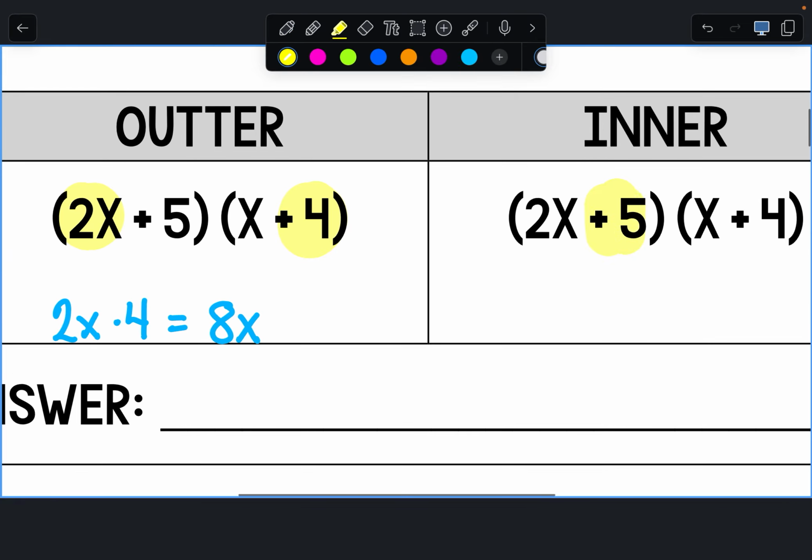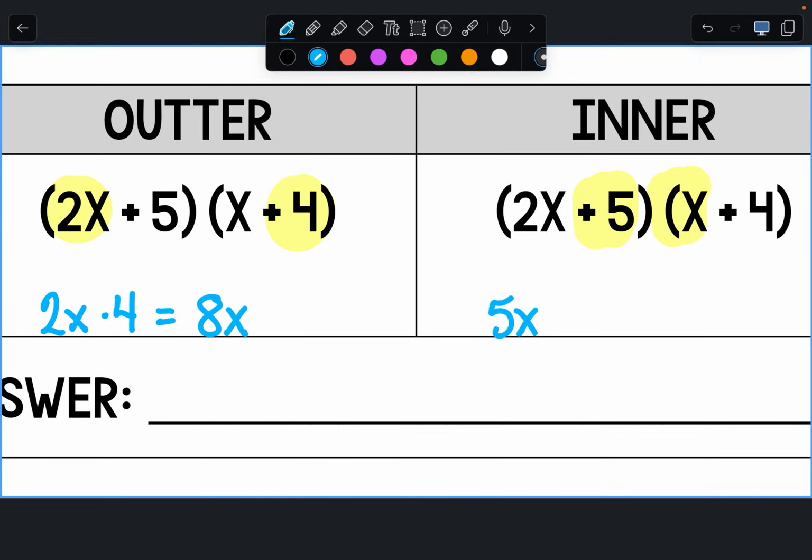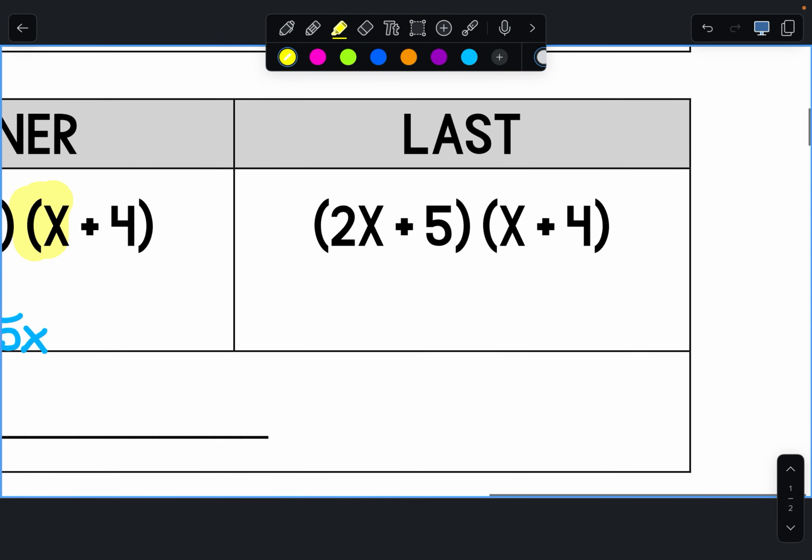Inner means the inside terms. 5 times x is 5x. And then L stands for last. The last terms of both binomials. 5 is the last term in the first binomial. 4 is the last term in the second. 5 times 4 is 20.